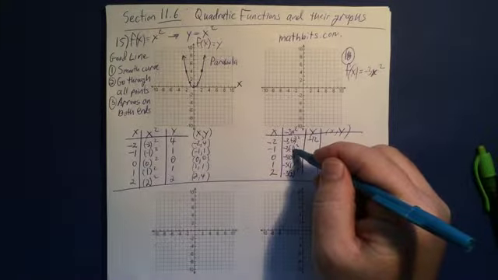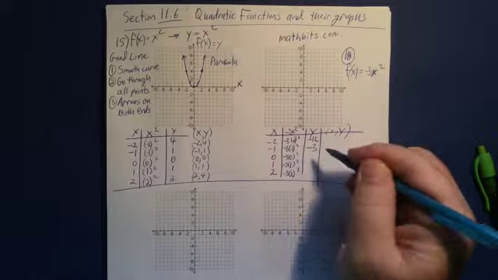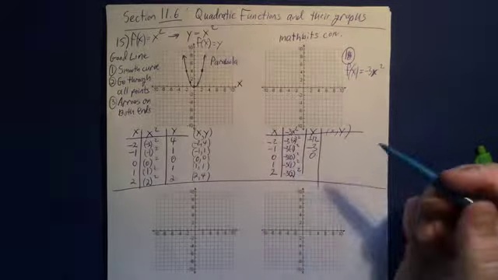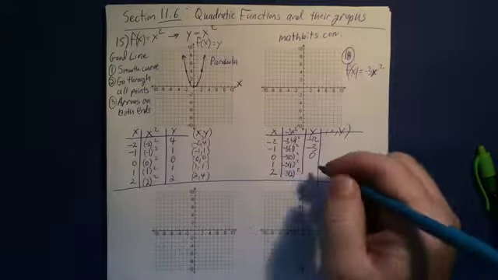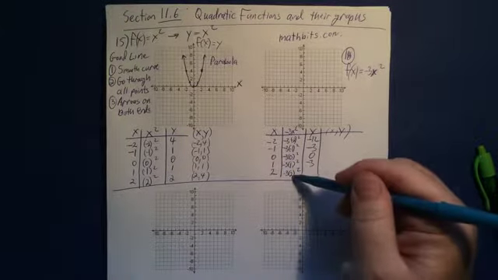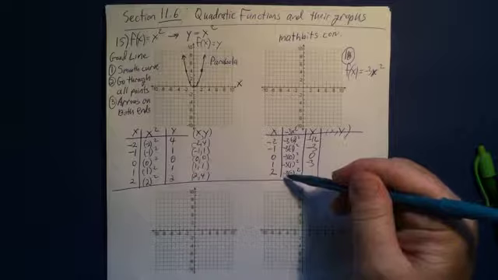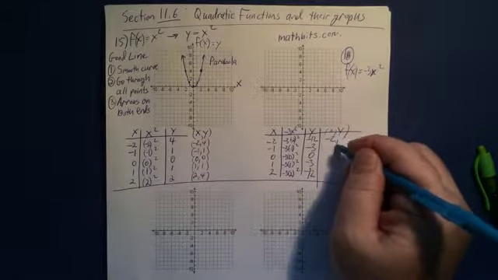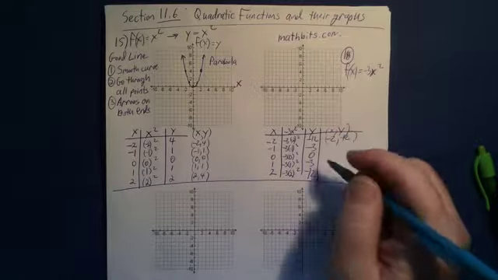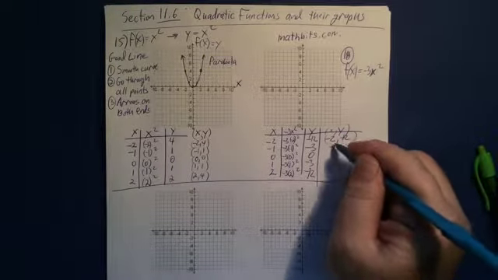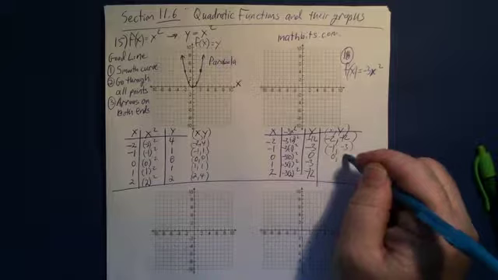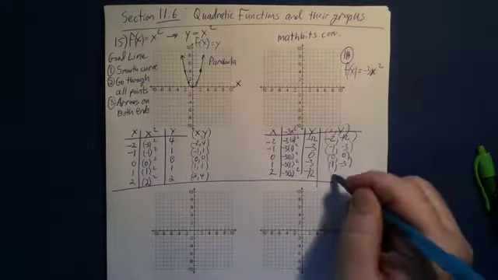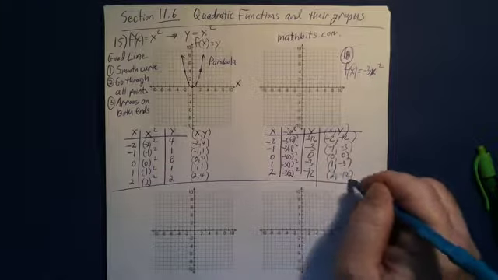Negative 1 squared will be 1. 1 times negative 3 will be negative 3. 0 squared is 0. 0 times negative 3 is 0. 1 squared is 1. 1 times negative 3 is negative 3. And then 2 squared is 4. 4 times negative 3 is negative 12. So that's going to give us the points negative 2, negative 12, negative 1, negative 3, 0, 0, 1, negative 3, and then 2, negative 12.